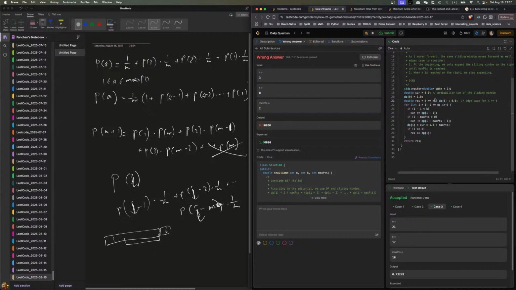K is equal to 0. So rest is already equal to 1.